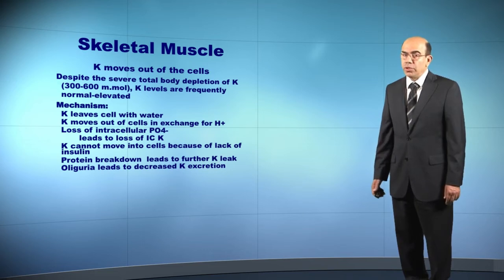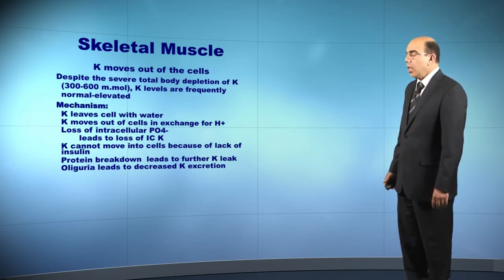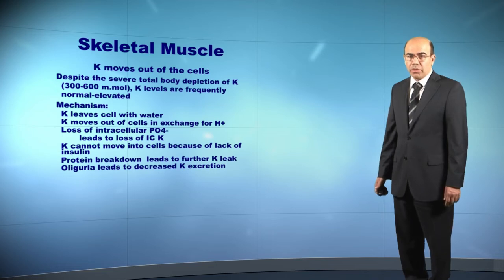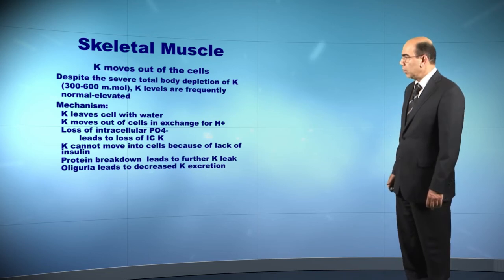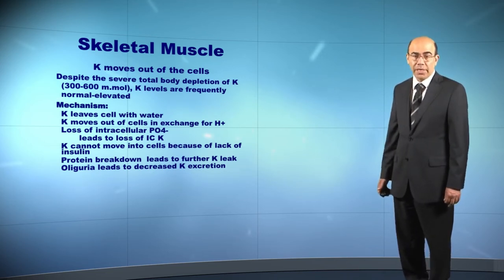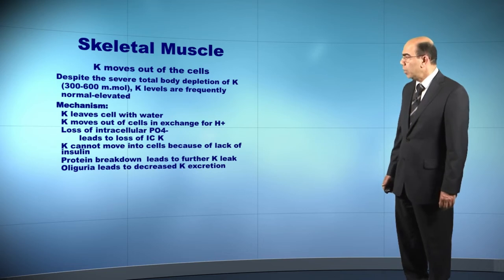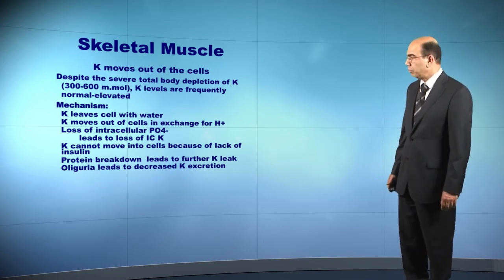The skeletal muscle is a major organ for the action of insulin. In skeletal muscle, potassium moves outside of the cell. Despite severe total body depletion of potassium, which is estimated to be about 300 to 600 millimole, potassium levels are frequently normal or frankly elevated.